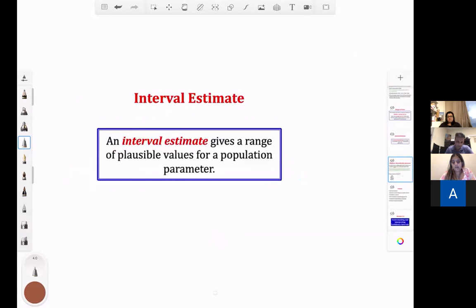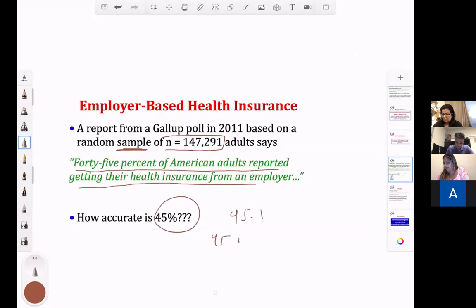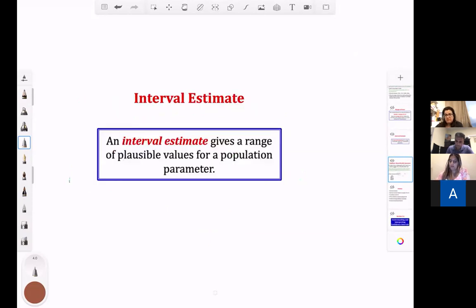Let's move to interval estimate. An interval estimate gives a range of reasonable values for a population parameter. So in the previous question, they said 45%, correct? The parameter, so here an interval estimate gives a range of reasonable values for the population parameter.